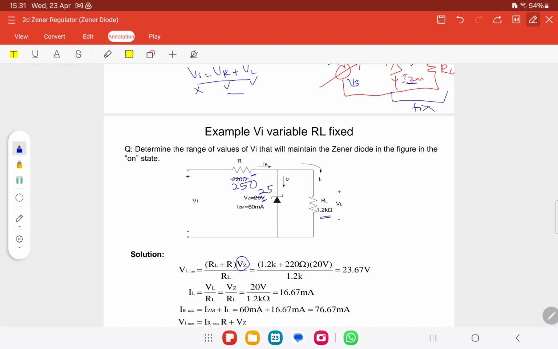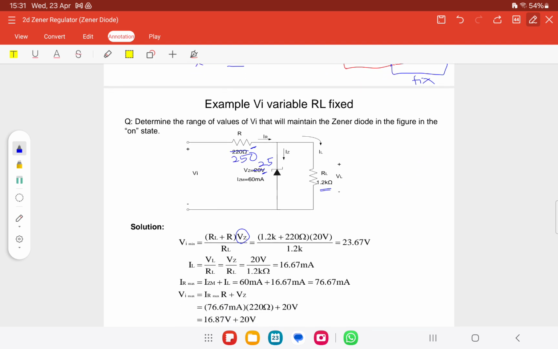The others stay the same. So we just change the values to 250 and 25. So here: 1.5k plus 250, multiply with 25, over 1.5k.